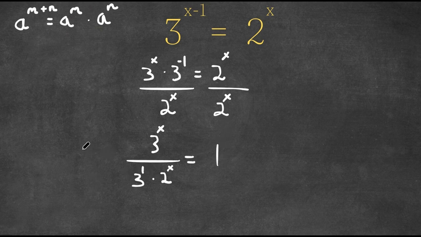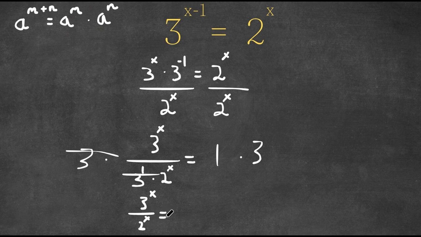Now I'm actually going to multiply both sides by 3. So now these two cancel out, and you're left with 3 to the power of x over 2 to the power of x is equal to 3.